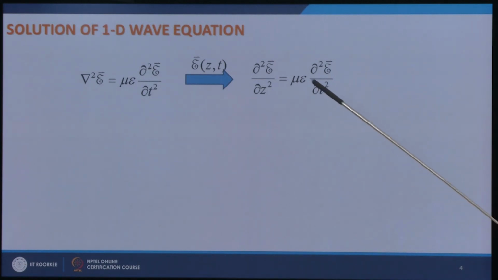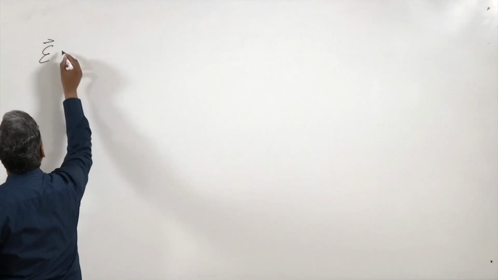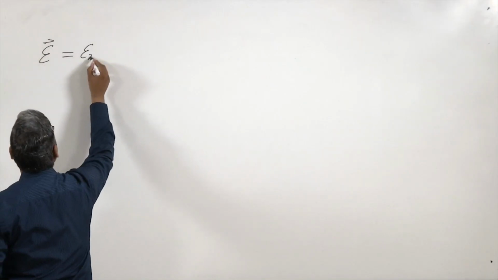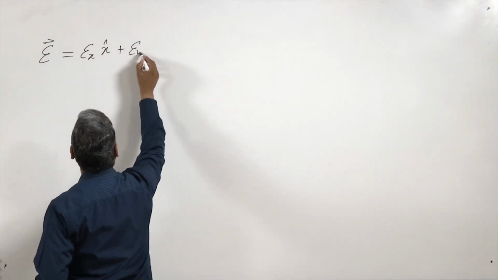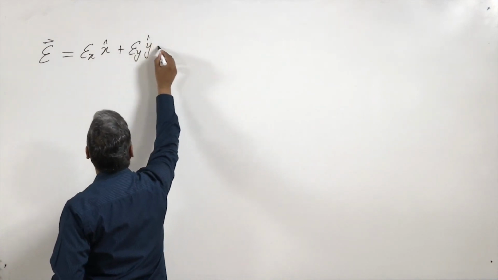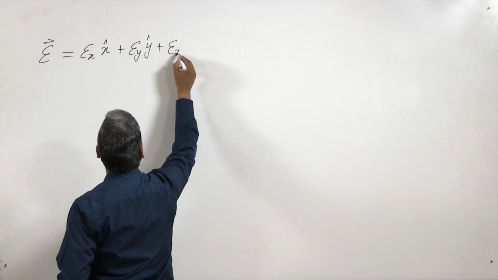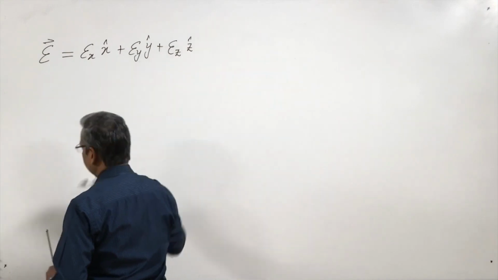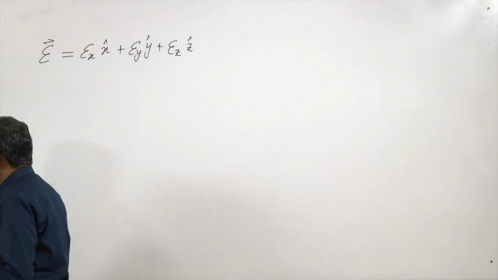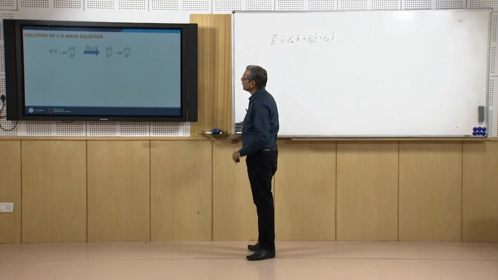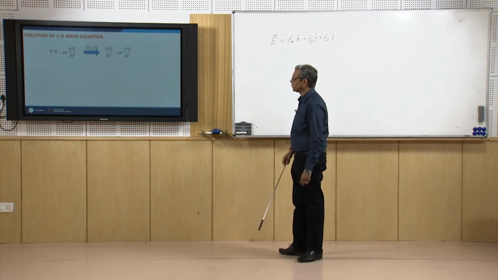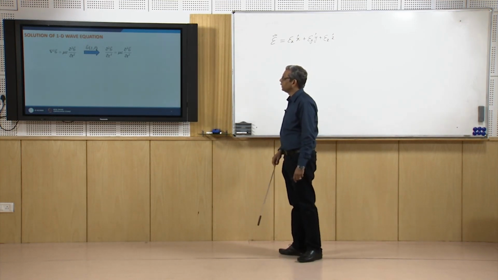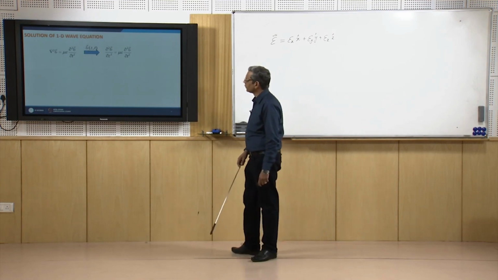And since E is a vector, Ex x cap plus Ey y cap plus Ez z cap, this is not a single equation, but it constitutes 3 equations, one in Ex, one in Ey and one in Ez.